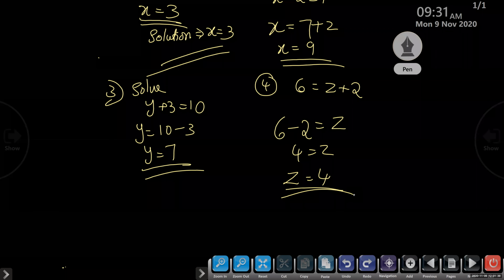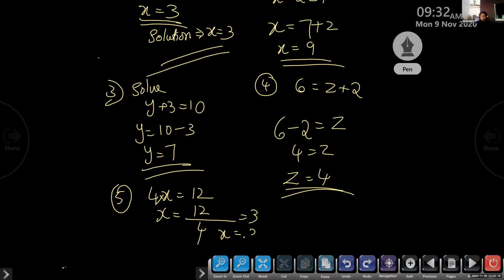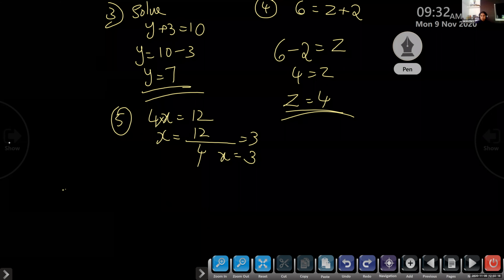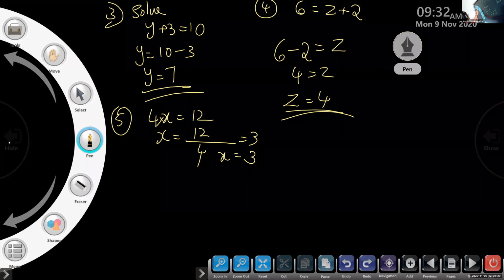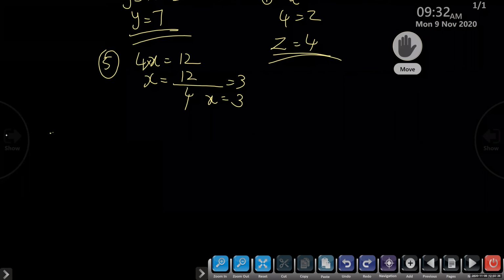So it is x equal to 3. Understood? How does division come? Because 4x means it is 4 into x, multiplication.